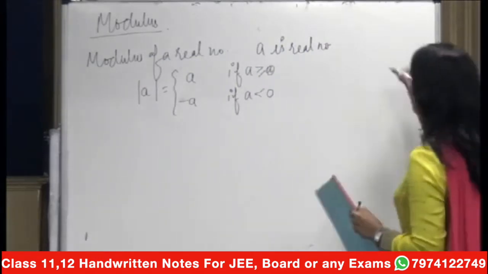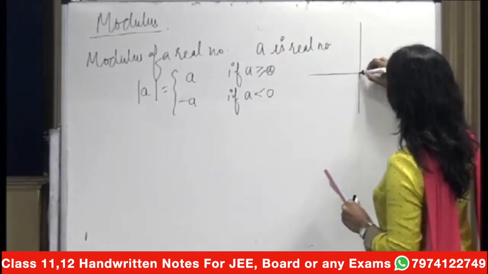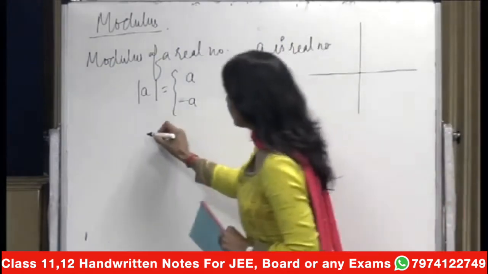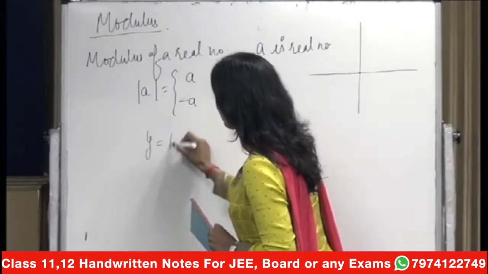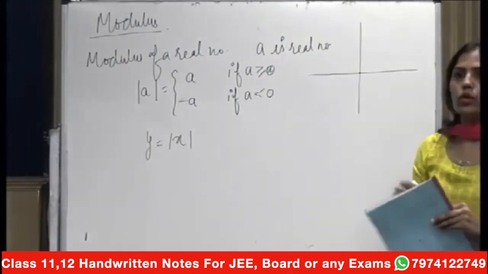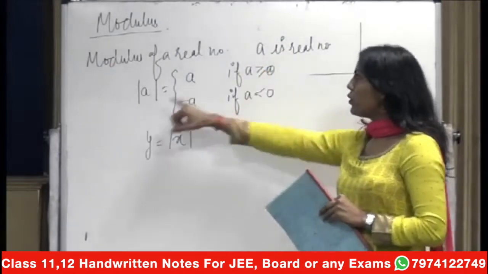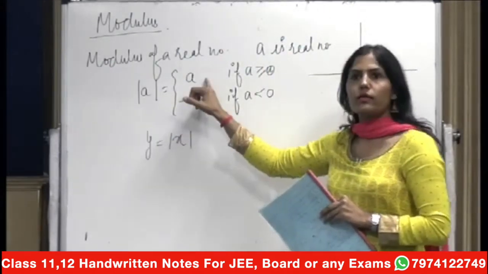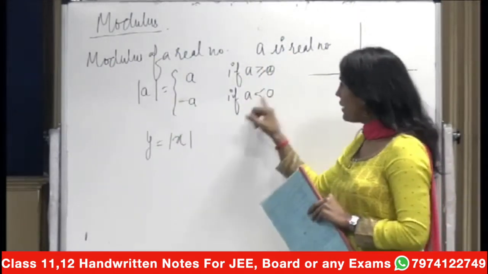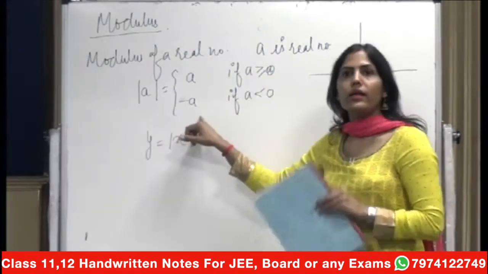The graph of this is, suppose I just draw the graph of y equals mod x. Is this definition okay? Modulus of any real number: if that number is greater than or equal to 0, the modulus will be A itself, and if that number is less than 0, then the value of the modulus will be the negative of that number.